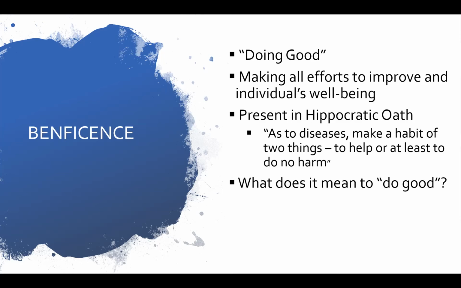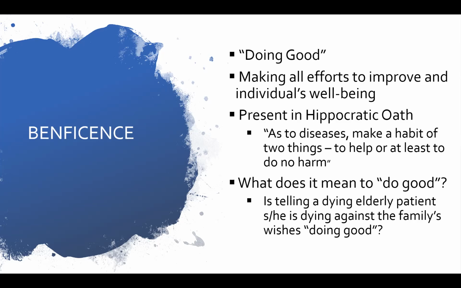Although it may seem that beneficence is simple and to do good is easy, that's actually far from simple. So what does it mean to do good? In one culture, for example, in America, personal autonomy is very important. Therefore, individuals have the right to know their health information.